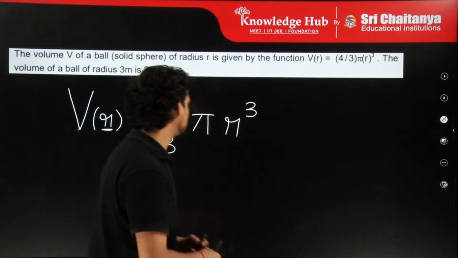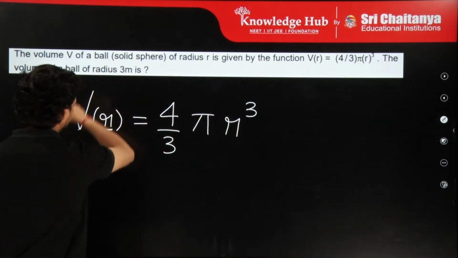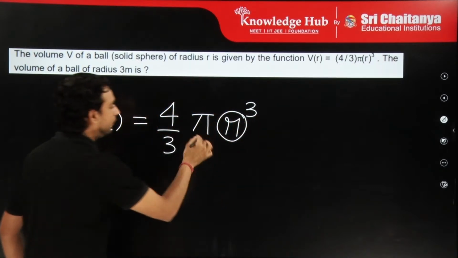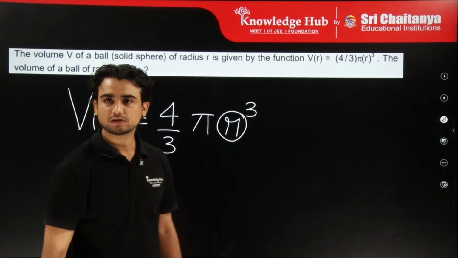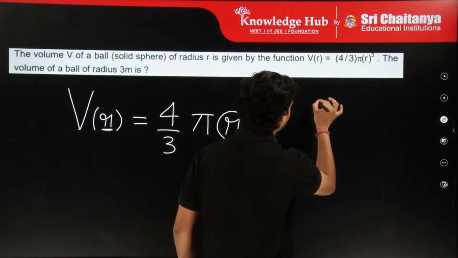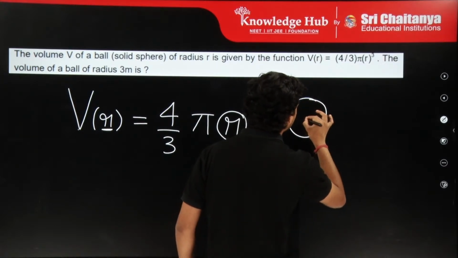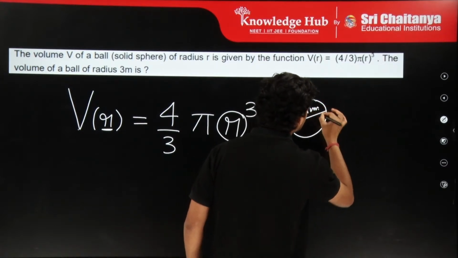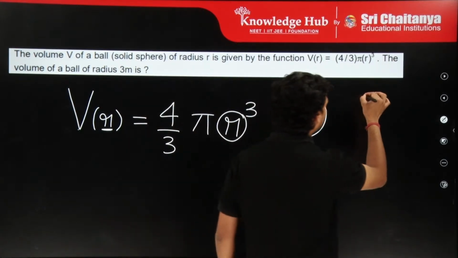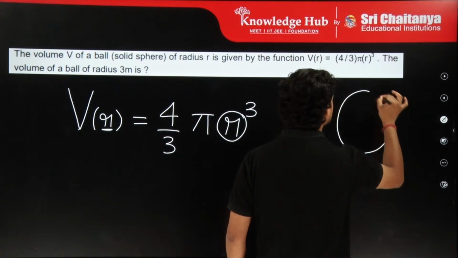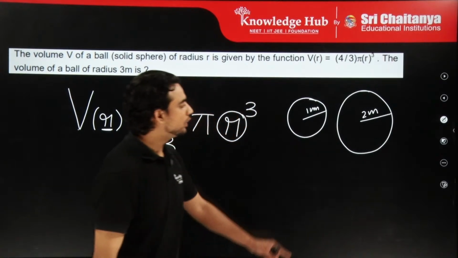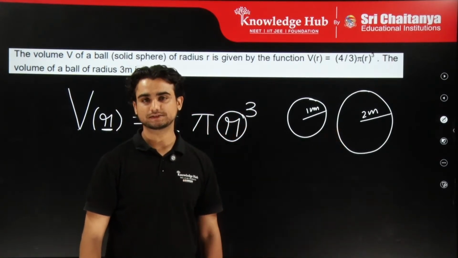So let's suppose in this question, if I put different values of r, I will get different volumes of the sphere. If I take a sphere of radius 1 meter, it will give me the volume of this sphere. Now if I take a sphere of radius 2 meters, it will give me the volume of a sphere of radius 2 meters.